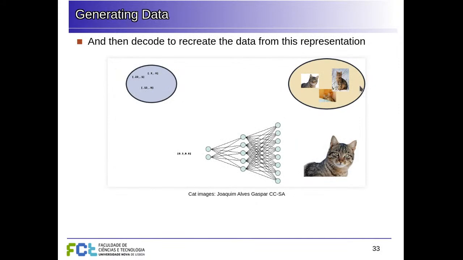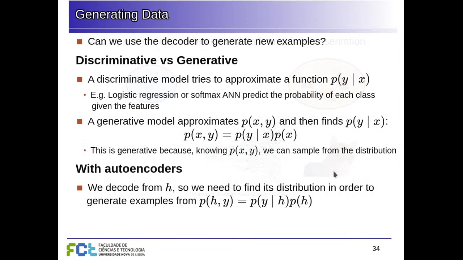So this is what we can do with the regular autoencoder. If we could manage to find an example somewhere inside this latent space, we could in theory just pick the right example and produce this output.